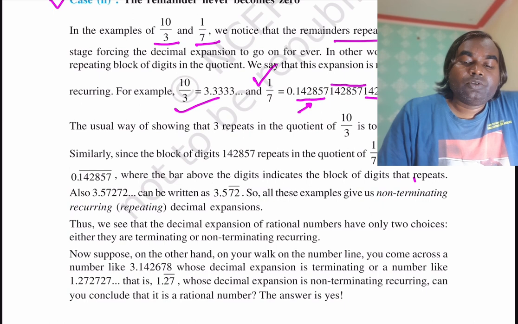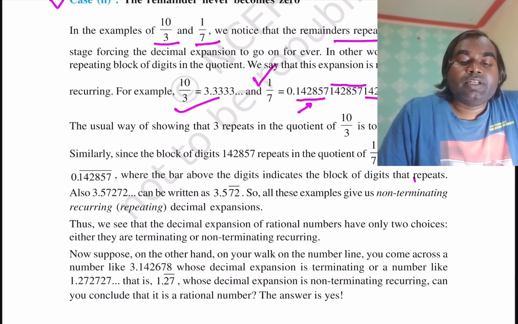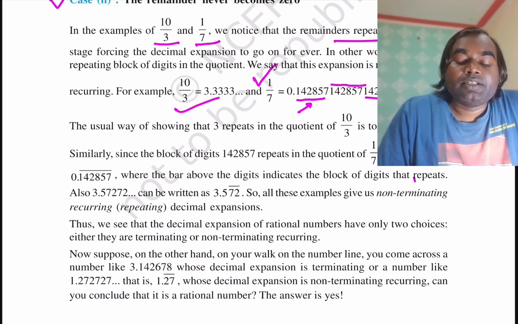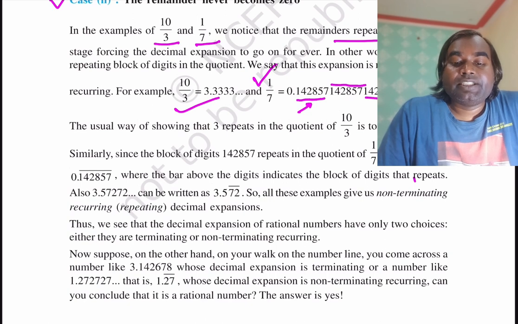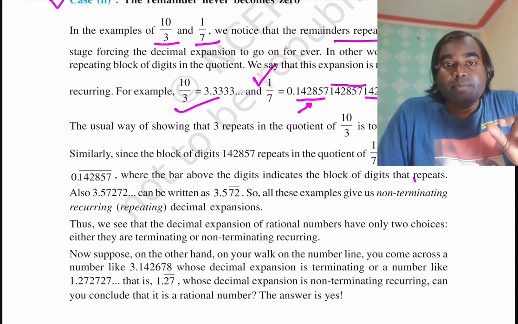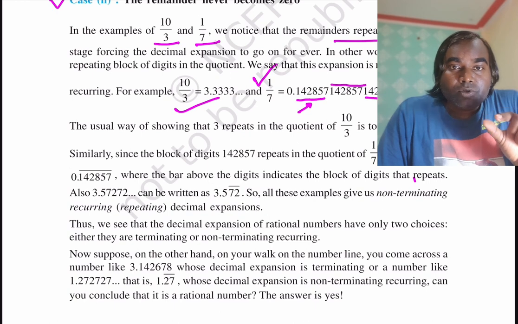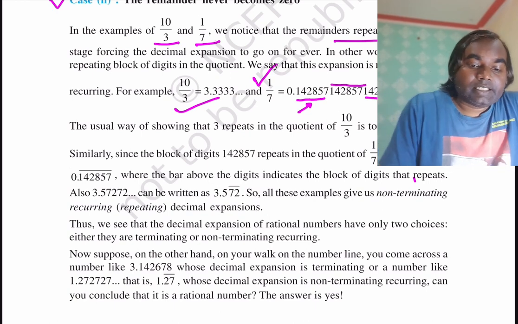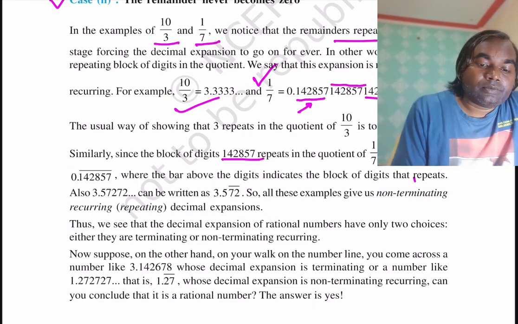So what we will do to represent this in short is use the bar. If a digit is repeating itself again and again, we put a bar over the repeating digit. If it is a block, that means a combined number of digits, then we put the bar over the whole block, like in the case of 142857.